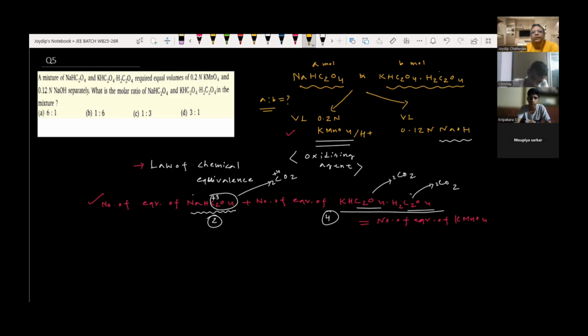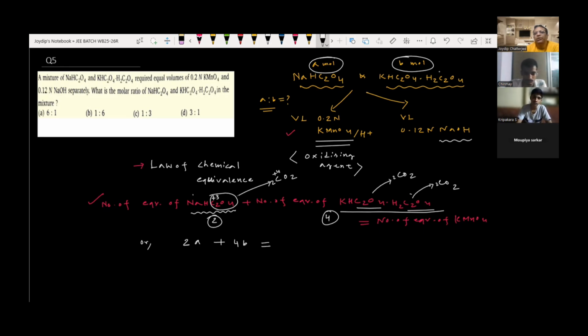Now let me apply this law. Here the number of moles I have considered is A moles, and here B moles. The number of equivalents for the first compound is N factor into number of moles. Here the N factor is 2 and the number of moles is A, so the number of equivalents will be 2A. The number of equivalents of the second compound is N factor into number of moles, so 4B.